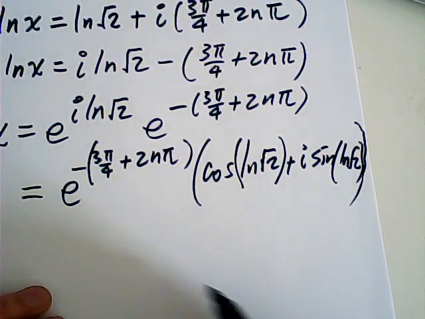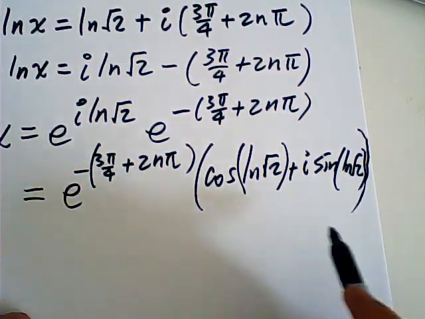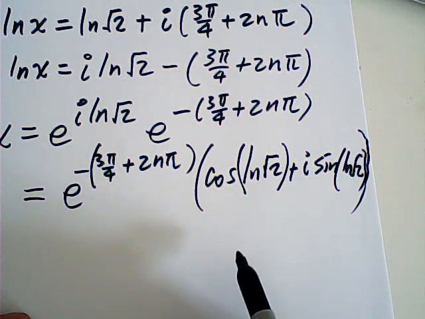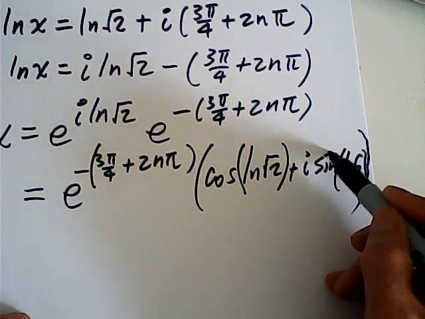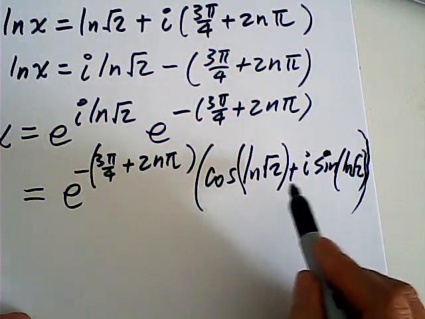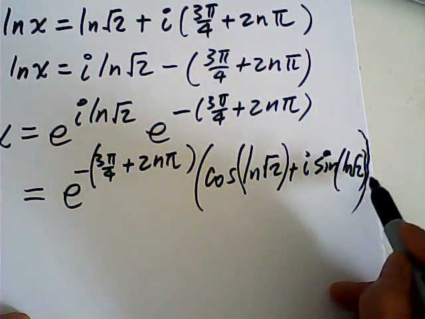Yeah, that is our answer. So this x is a complex number, right? So the real part is this times cosine, and the imaginary part is this times sine natural log square root 2.